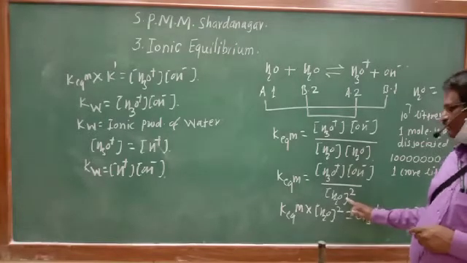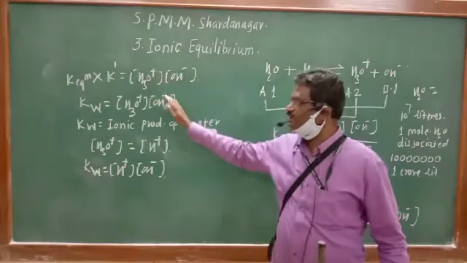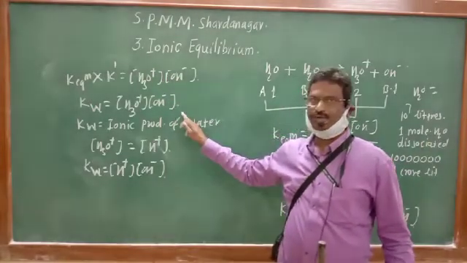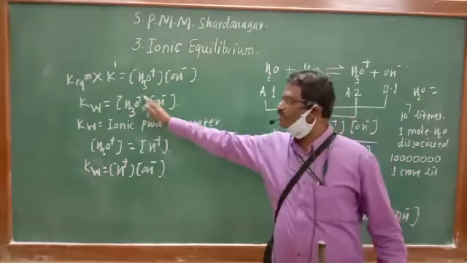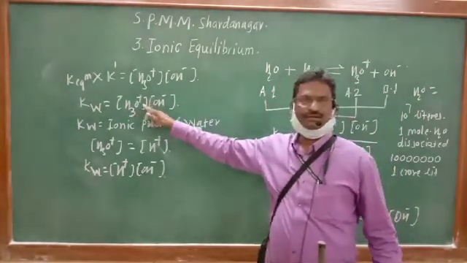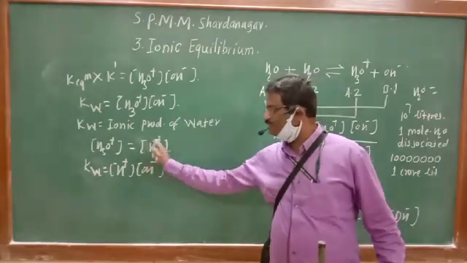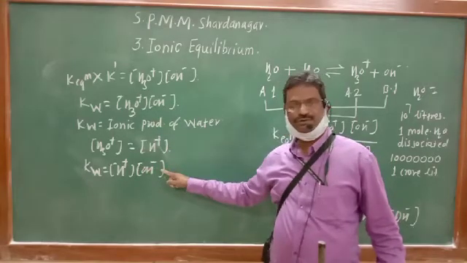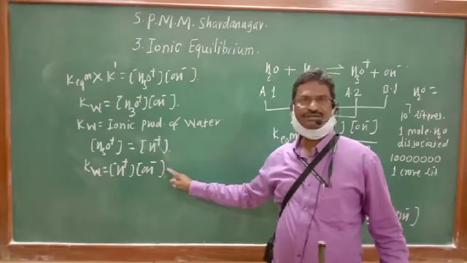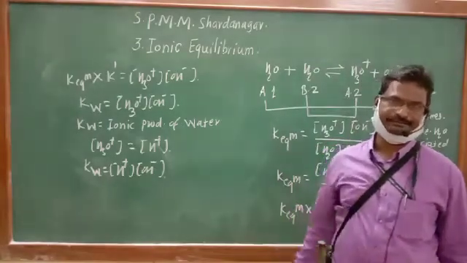And taking the left side, we have studied that equation. This is known as the ionic product of water. Further, I have told you, whatever H3O plus ions are obtained, they are equal to the concentration of H plus ions. Therefore, this is replaced by Kw is equal to H plus into OH minus. This is also known as the ionic product of water.